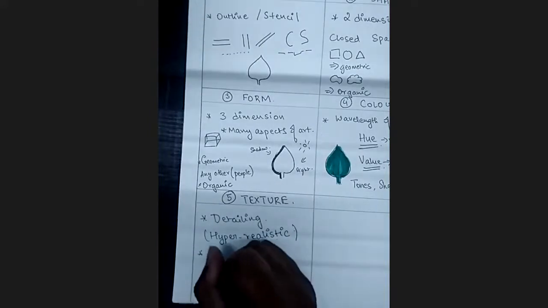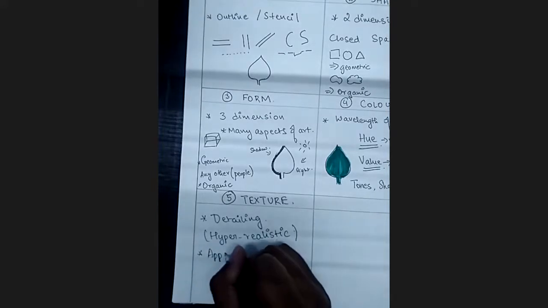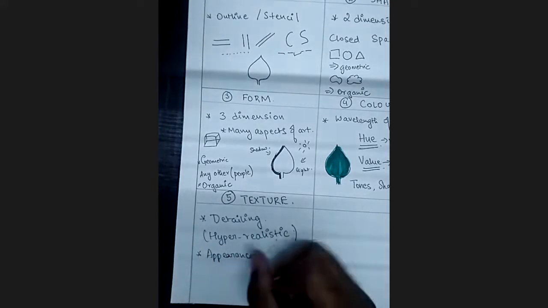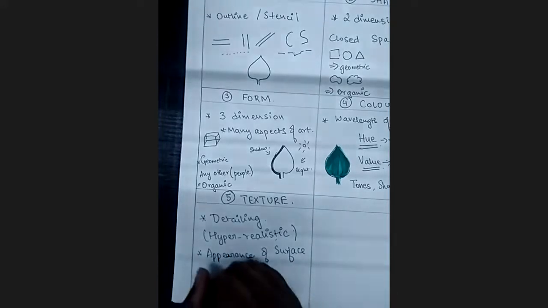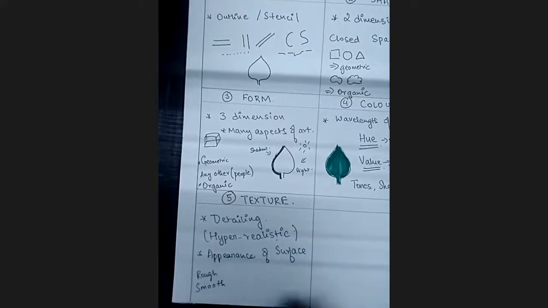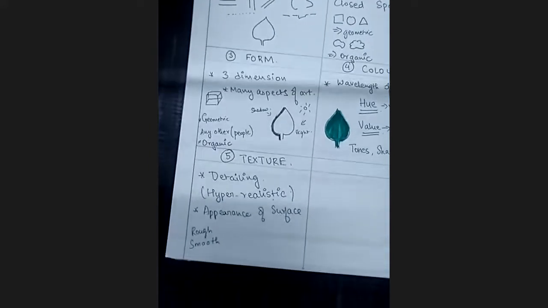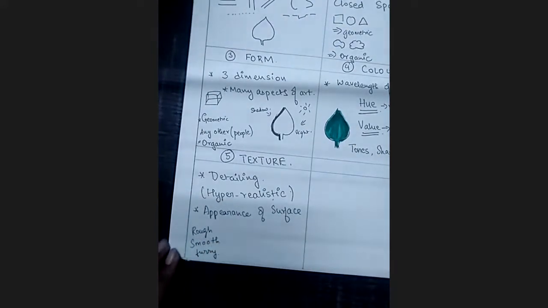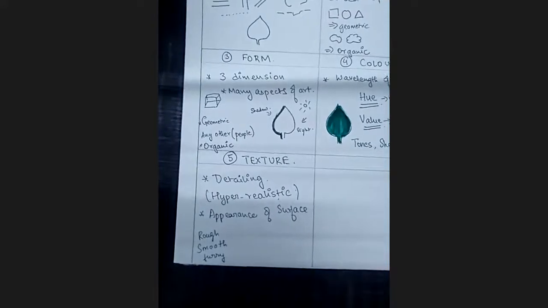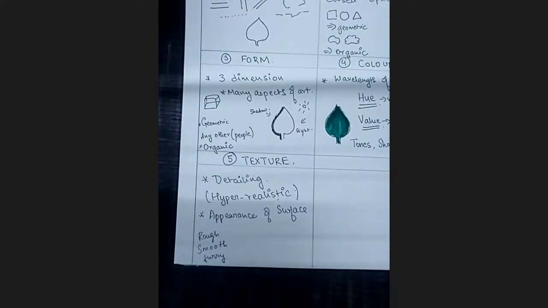It is the appearance of the surface. How does the surface look? Is it rough or is it smooth? Is it silky? Is it furry? All those details will come in texture.